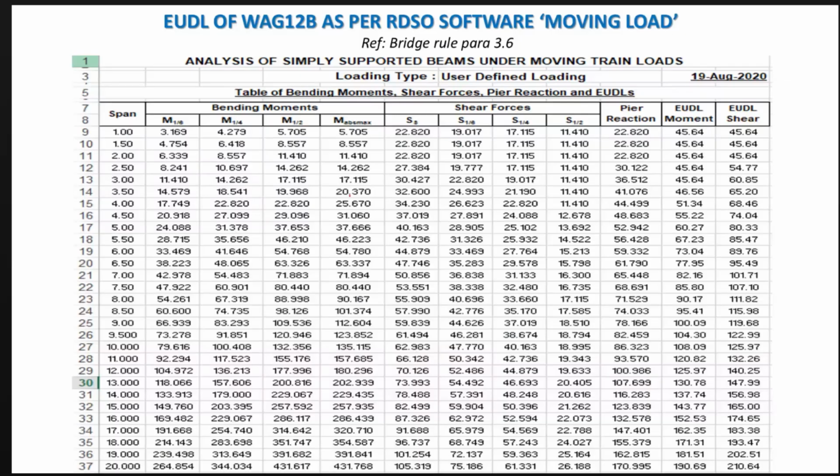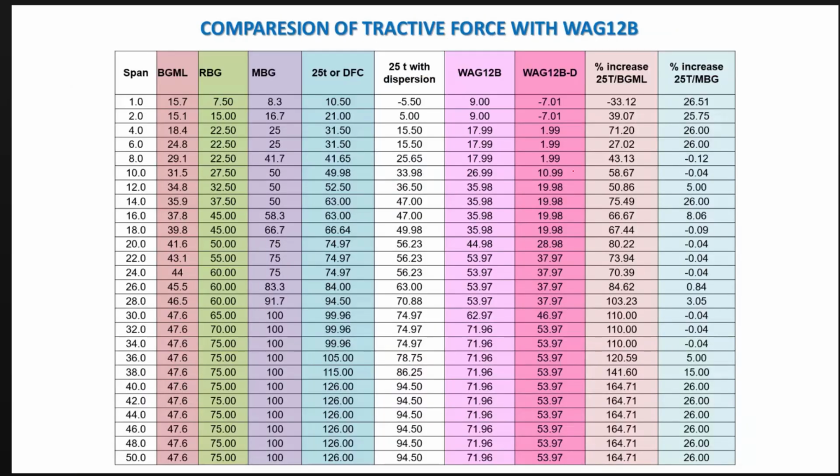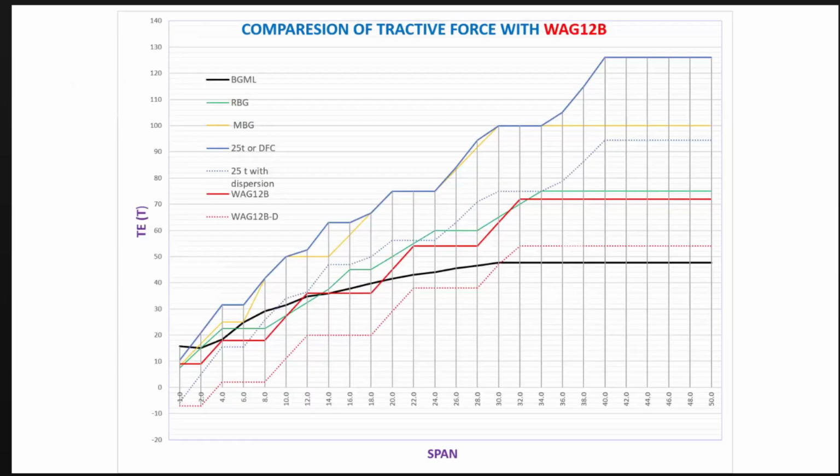So the same, we have calculated UDL for bending moment and UDL for shear force. In the same way, we have calculated the comparison of tractive force and plotted it, and we found that for our WAG 12B, bridges up to 30 meter are safe with the dispersion.